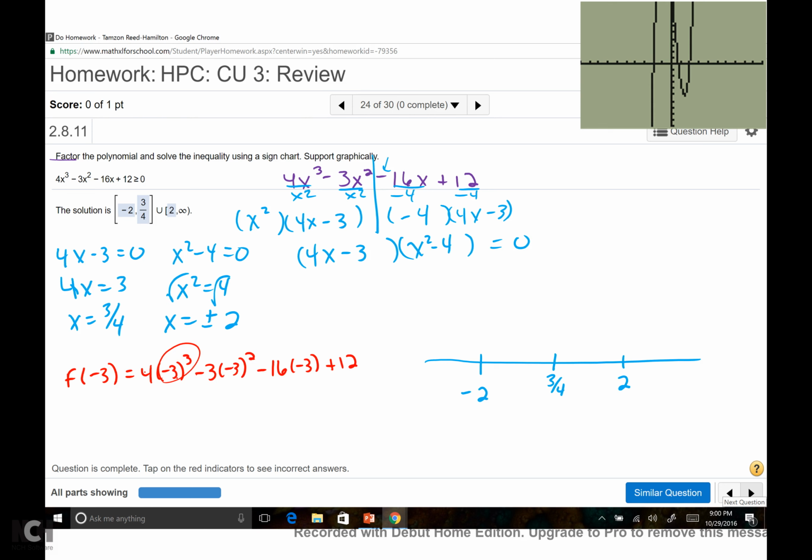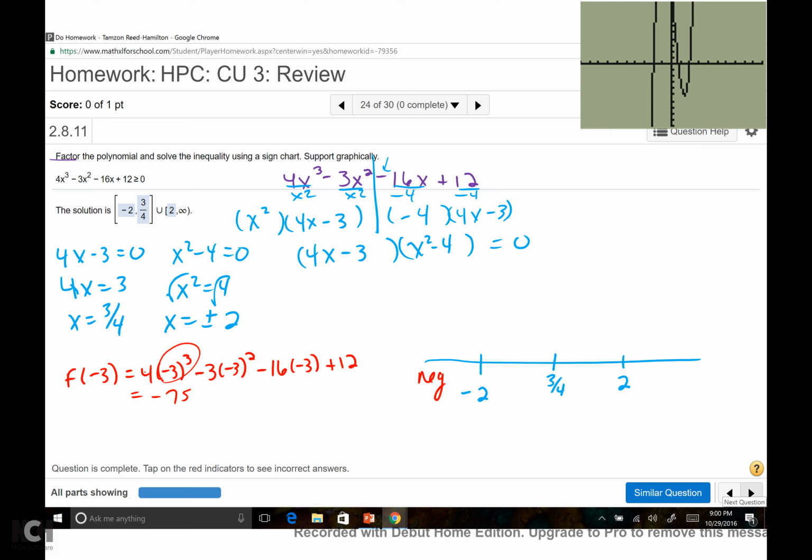So if I just type this all in, left to right, I'm going to have 4 parentheses negative 3 cubed minus 3 parentheses negative 3 squared minus 16 parentheses negative 3 plus 12, I get negative 75. So this section is negative.